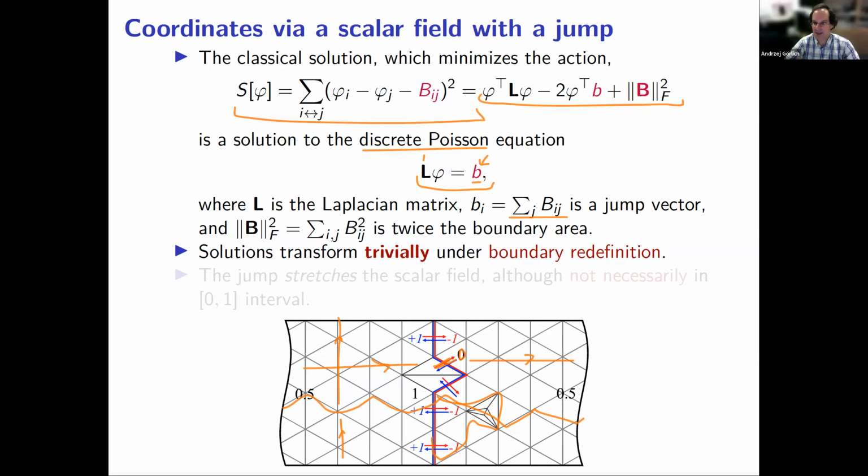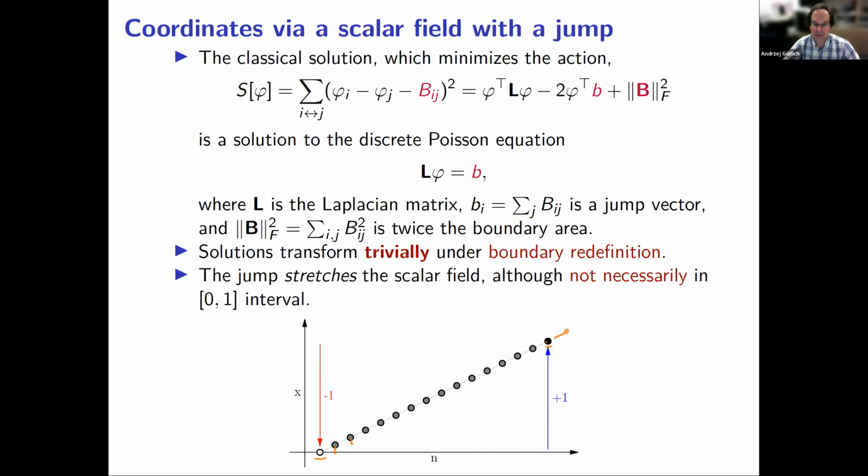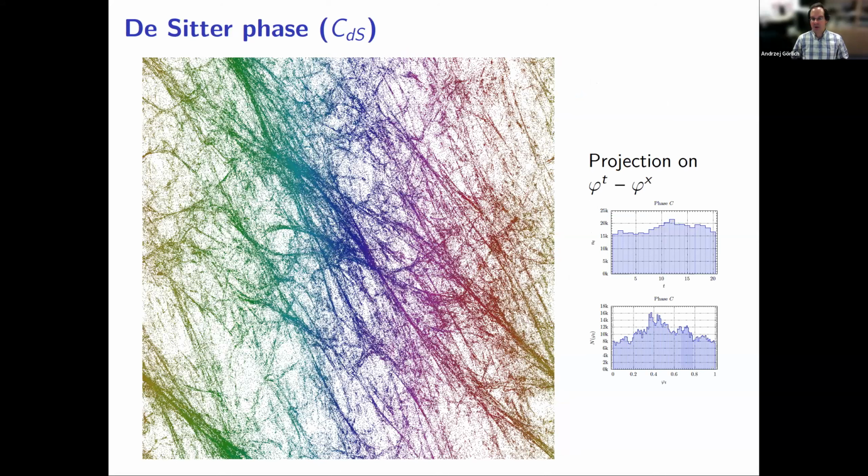If you take it on an S1, it's just like requiring that it winds once in a given direction. So the classical solution just minimizes this action, which is the discretization of a free massless scalar field action. Okay, and now let me show you some nice pictures.